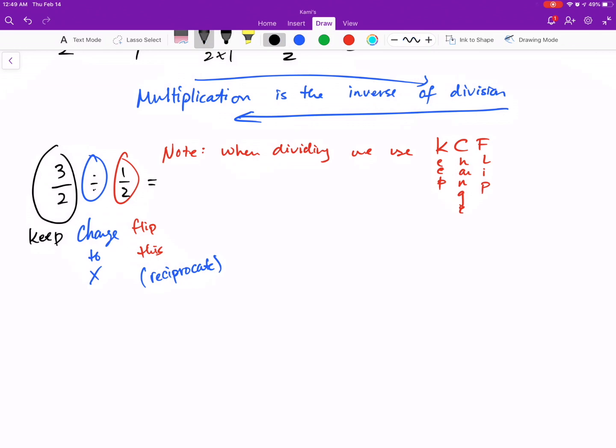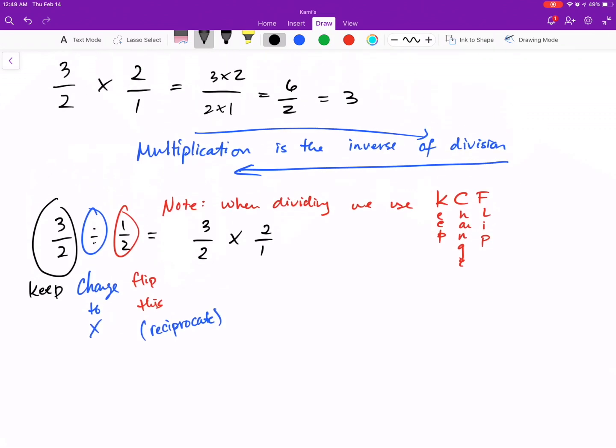And remember what this reciprocal was. It's the opposite fraction. So we flip the denominator and the numerator. So we keep 3 over 2, we change division to multiplication, and we flip the second fraction, so that's going to be 2 over 1. Now, this looks just like the equation above. And we know this is just 3 times 2 over 2 times 1. That's just 6 over 2, which is 3.